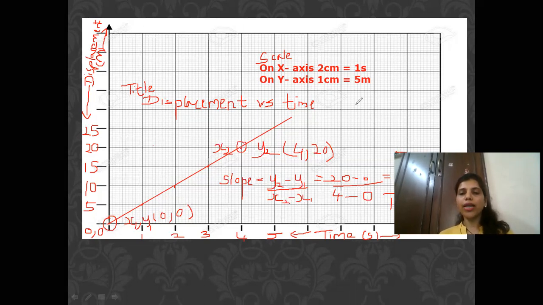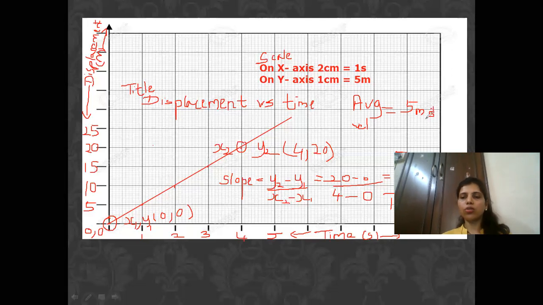So here you are going to write the average velocity is going to be 5 meter per second. So raised to minus 1. Always don't write upon s. Okay. So children, this is your final answer for average velocity.